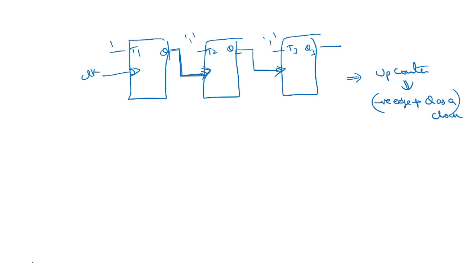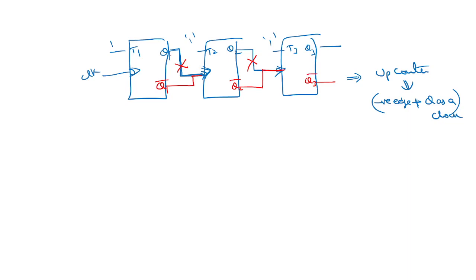Now tell me one thing, just based on intuition. Suppose I apply Q1 bar as a clock instead of this, what will happen? Whether it will still act as an up counter or a down counter.